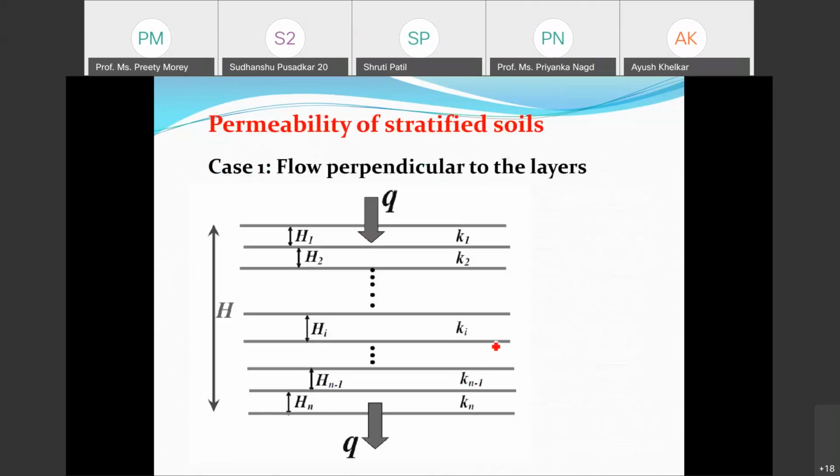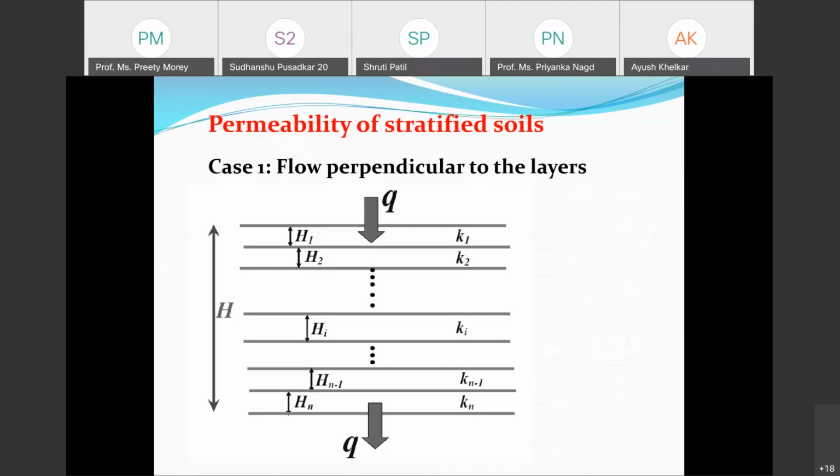The other factor we should understand in permeability is that the soil we are considering is definitely not uniform. The soil is formed by putting layer upon layer together, so every layer has a different permeability.